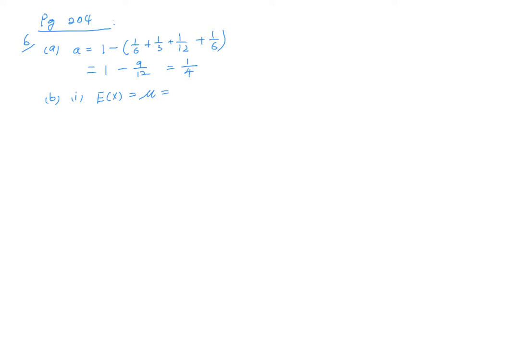I better clear everything first. L1 is 1, 2, 3, 4, 5, and L2 is the probabilities: 1 divided by 6, 1 divided by 3, 1 divided by 12, 1 divided by 4, 1 divided by 6.